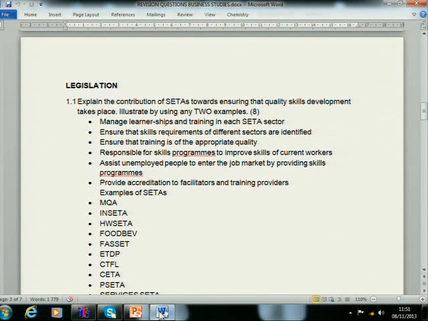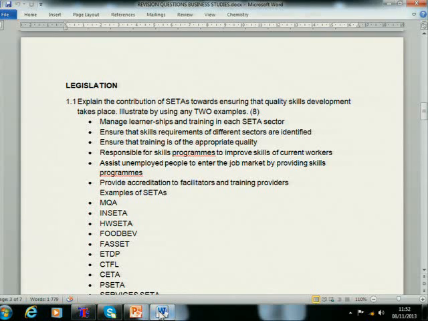For example, their contribution to quality development is to manage learnerships and training in each CETA sector, to ensure that skills requirements of different sectors are identified, to ensure that training is of the appropriate quality, to be responsible for skills programs to improve skills of current workers, assist unemployed people to enter the job market by providing skills programs, and provide accreditation to facilitators and training providers.